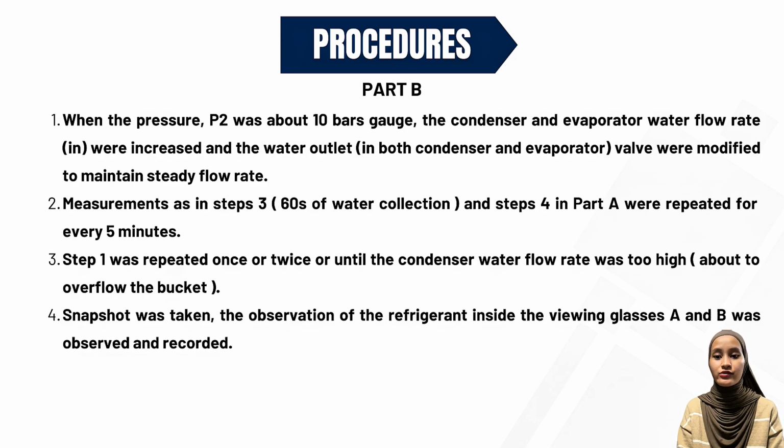Second, measurement as in steps 3, 60 seconds of water collection, and step 4 in Part A were repeated every 5 minutes. Third, step 1 was repeated once or twice or until the condenser water flow rate was too high, about to overflow the bucket. Fourth, a snapshot was taken.